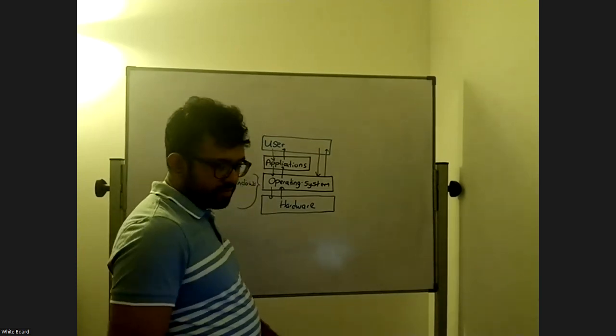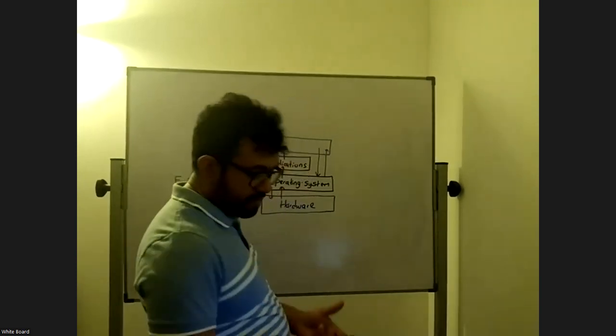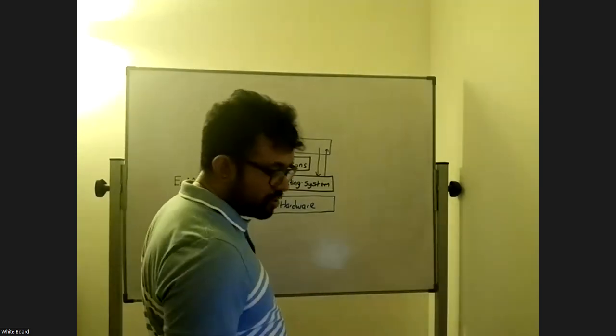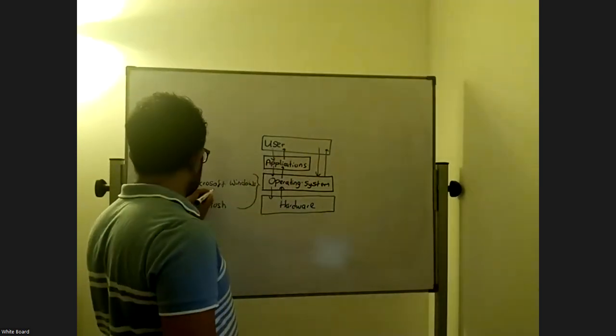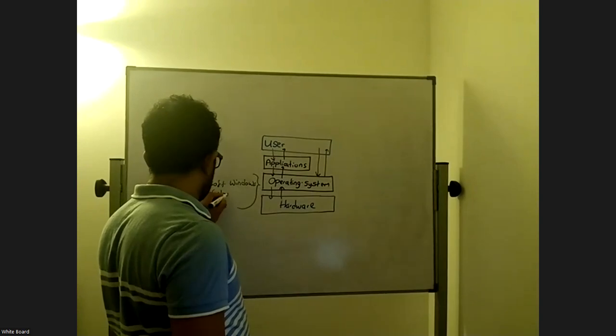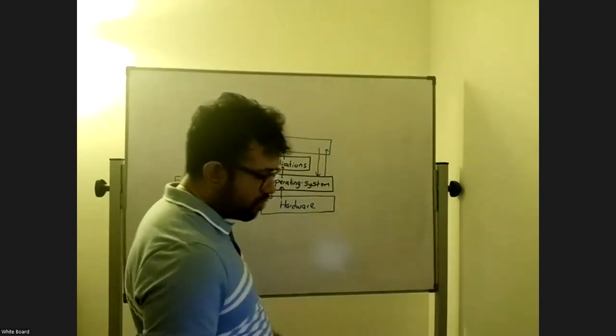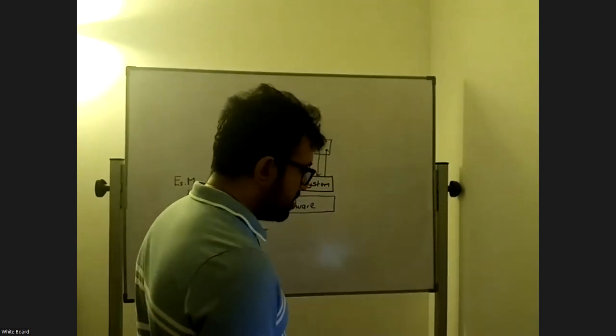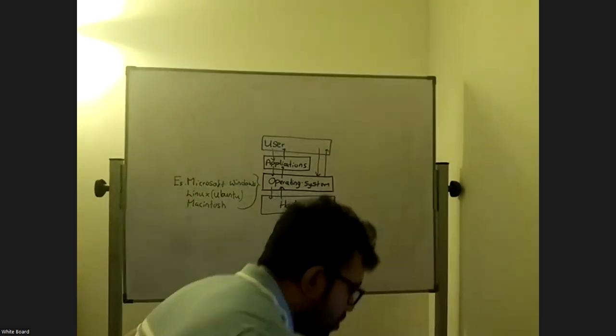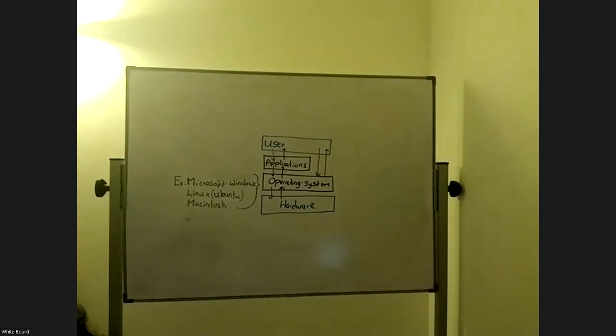What's Ubuntu, sir? Ubuntu is actually Linux. It is a version of Linux. Fedora is also a Linux version. Ubuntu, Fedora, Debian, like that. There are so many different versions of Linux available.